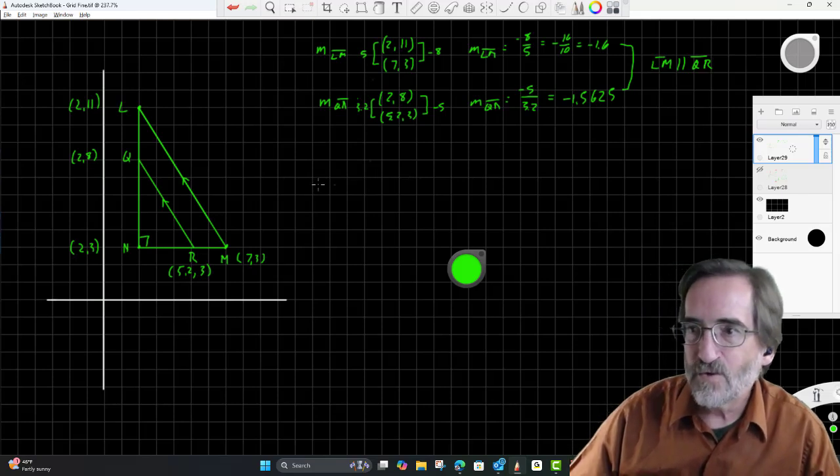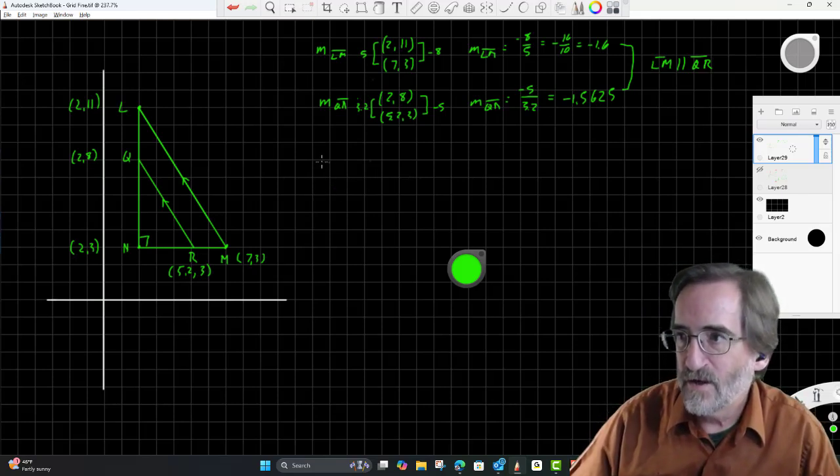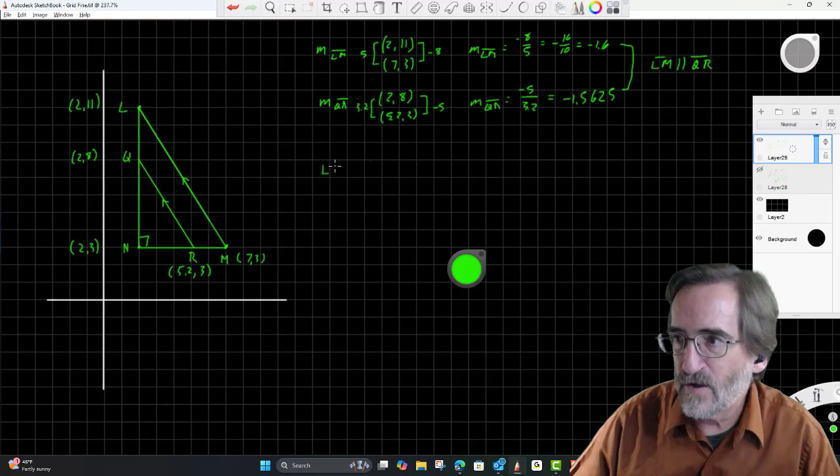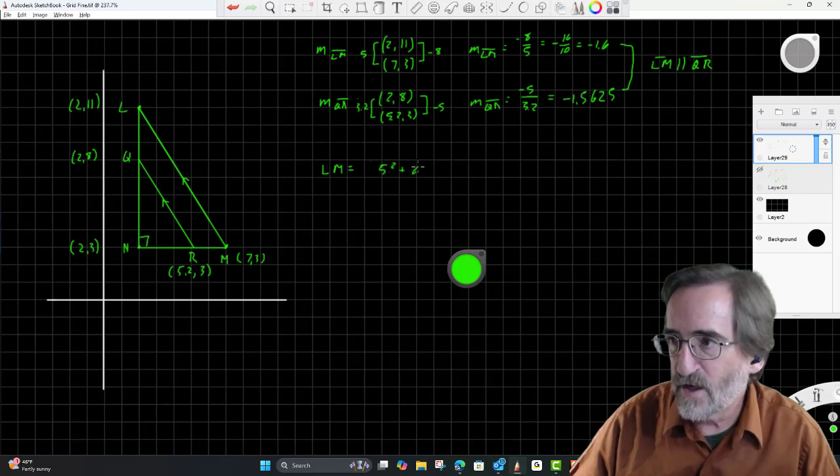Okay, let's go ahead and confirm the distance. The distance between L and M is, and we can take this from the slope, 5 squared plus 8 squared. Remember, negatives don't matter when we're calculating distance.